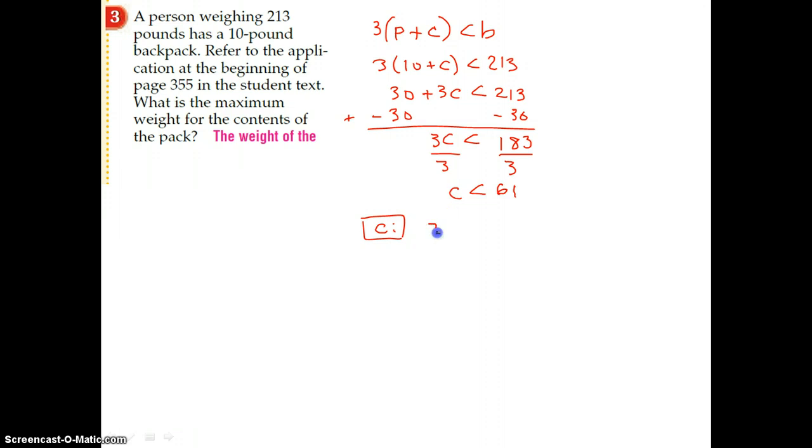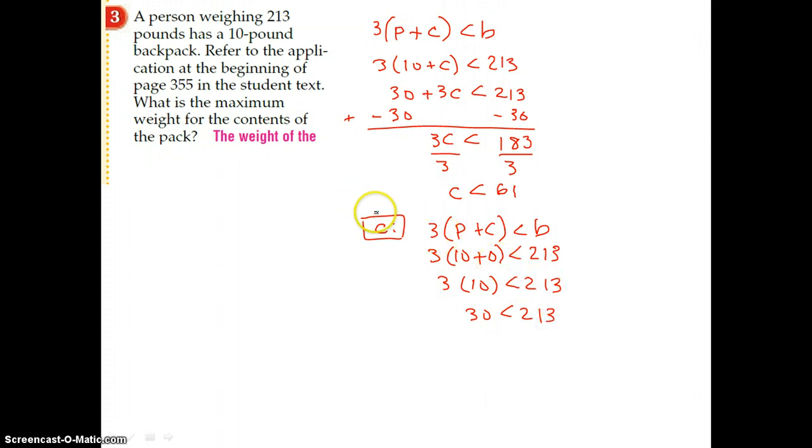Why not? It's easy. So 3 times P plus C is less than B, and plug in everything we know. 3 times 10 plus 0 is less than 213. 10 plus 0 is 10 times 3 is less than 213, and 30 is definitely less than 213. So C is less than 61 is a correct answer.